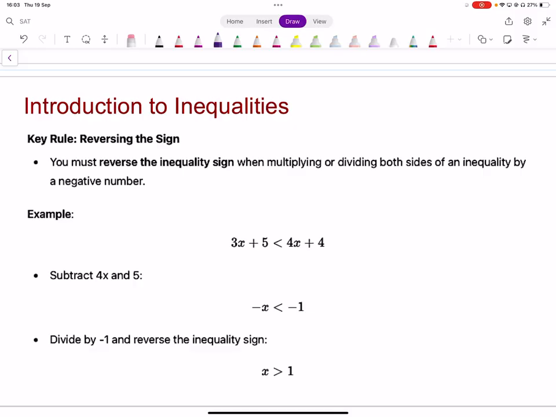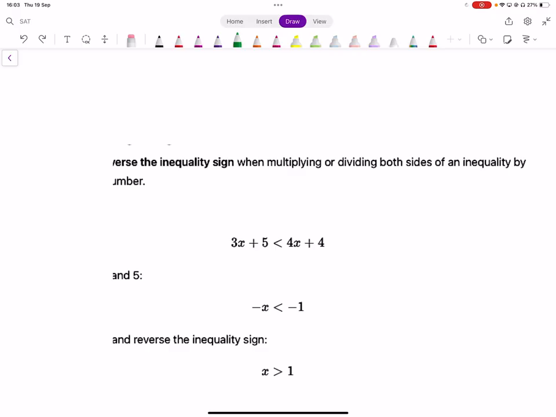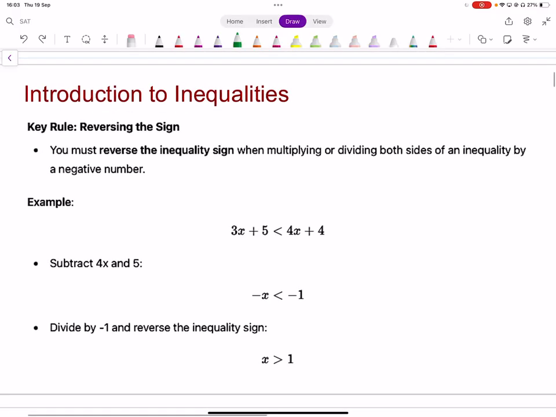If you want to make this positive x, you multiply the whole inequality by negative 1. When you do that, you get x on the left side, 1 on the right side, but the inequality sign also reverses. It was less than earlier, now it becomes greater than. Whenever you multiply or divide by a negative number, you have to reverse the sign. All of you know this, right?